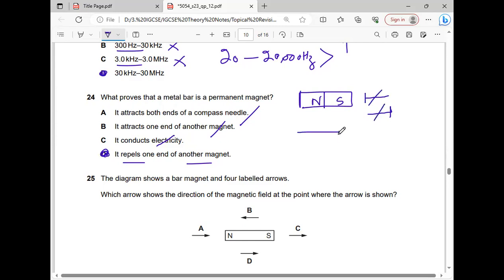Yes, if this is North Pole, this is South Pole, and this steel nail was magnetized, let's suppose North Pole was here and South Pole was here, they will attract. But when it is placed like this, South and North, now what happened? They will repel each other. So repulsion is the sure test to check magnetism. Option D will be the correct answer.